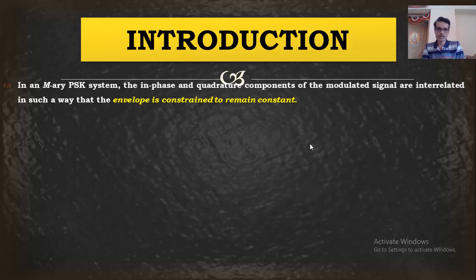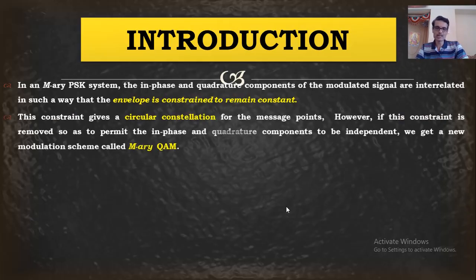I changed only the phase, not the amplitude, right? So there was a constraint on the envelope, that is the amplitude, because that amplitude was constant. And because of that, the signal space diagram we were getting is circular shaped. It's a circular constellation diagram.